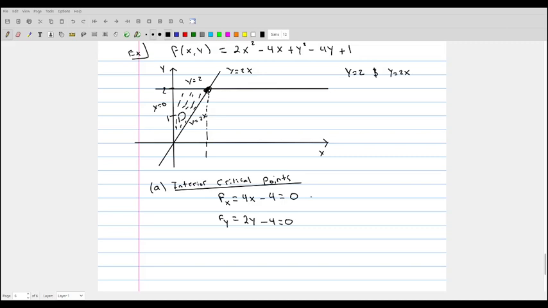So the solution to this system of two equations corresponds to x equals 1 and y equals 2.